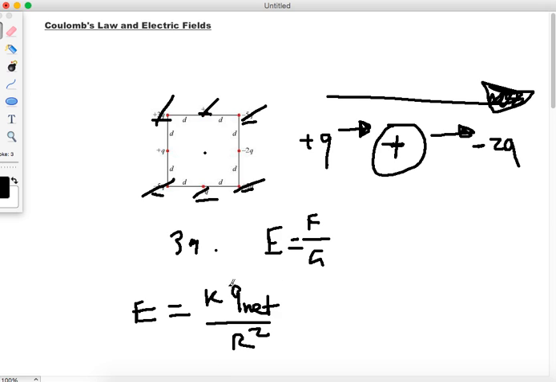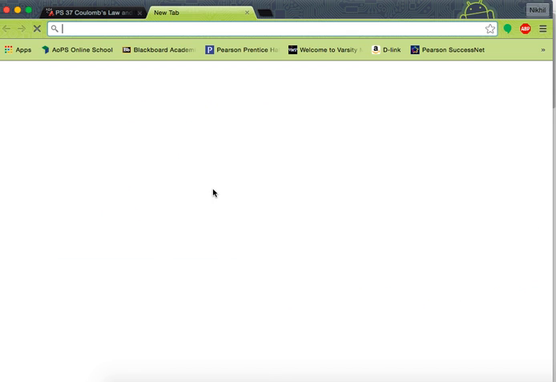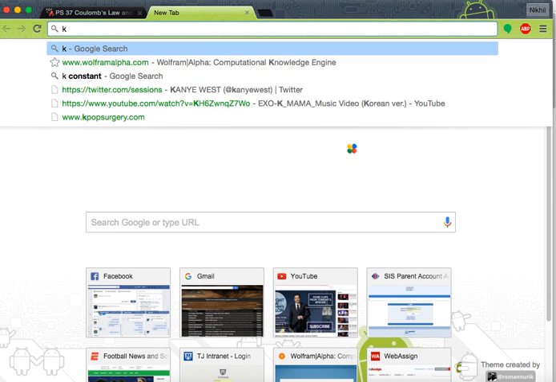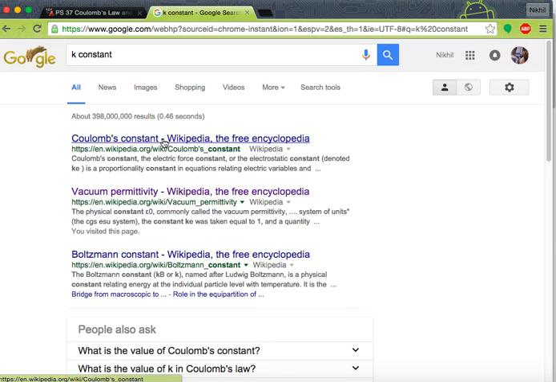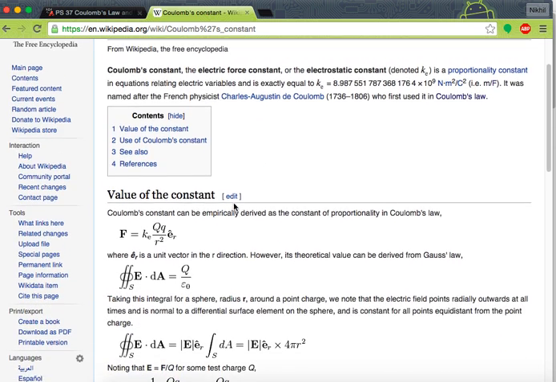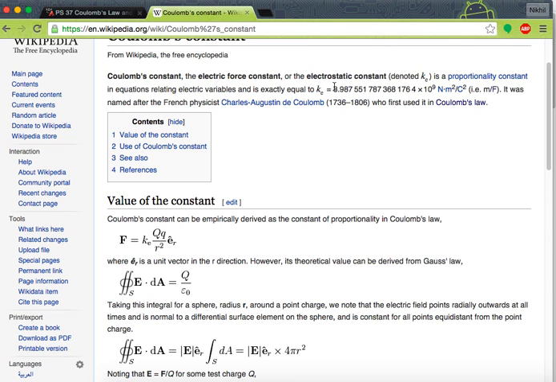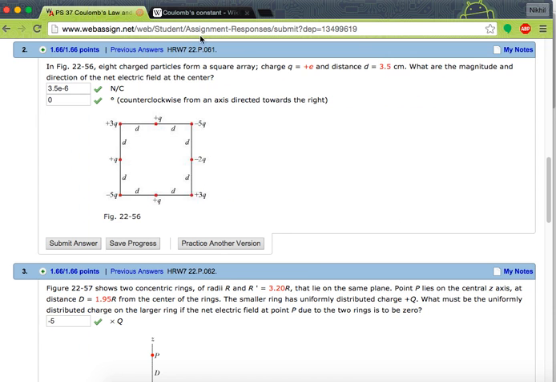So we have this formula. We have d. We know k. We've always known k. I'll just look it up for you. k, constant, Coulomb's constant, and that is, where is it? 8.99 times 10 to the 9th newton meters squared per coulomb squared.